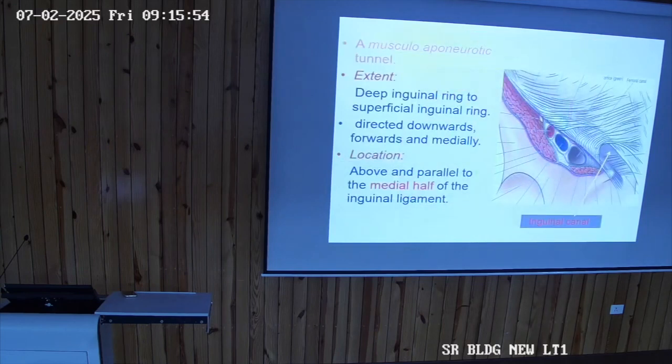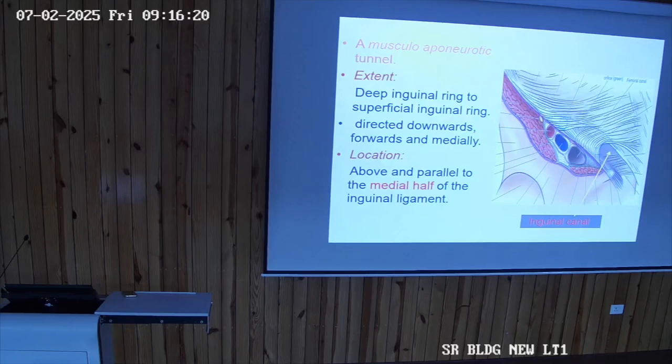So what is an inguinal canal? It is a musculo-aponeurotic tunnel which extends from the deep inguinal ring to the superficial ring. It is directed downward, forward and medially, and it is present above and parallel to the medial half of the inguinal ligament. What is the length of the inguinal ligament? 12 to 14 centimeter.